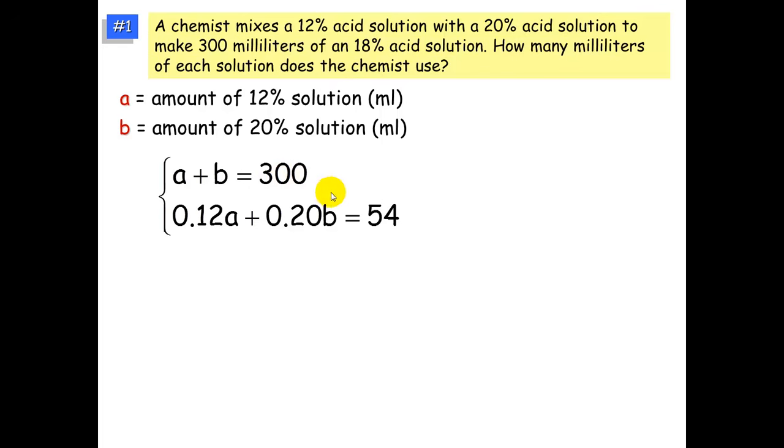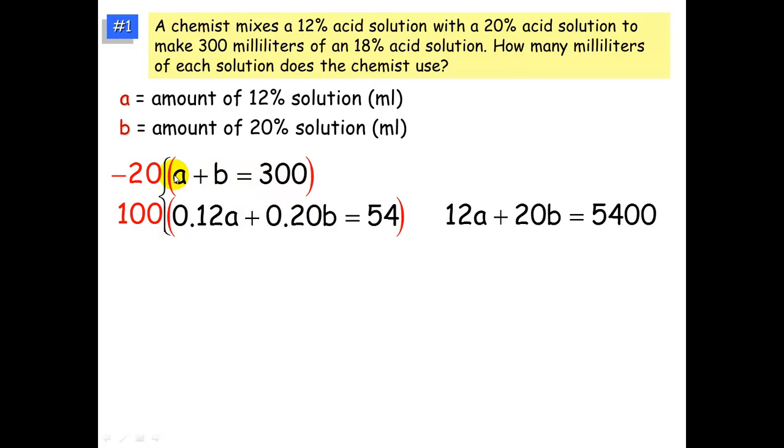I'm not going to spend too much time. We've actually done this one in class in a warm-up, but the first thing I'd want to do is get rid of these decimals by multiplying through by 100, in short, clearing the decimals. And now I can choose to use the elimination method, since I see that this is in standard form as well as this. I'm going to eliminate B, so I'm going to multiply through by negative 20.